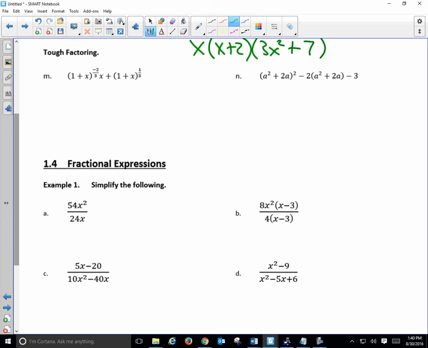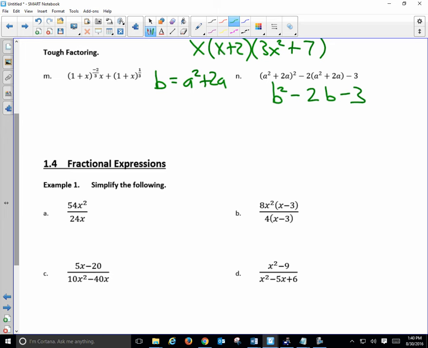All right, let's do it. I'm going to change it to this. B squared minus 2b minus 3. Now, I'm going to suggest to you guys that this is really the same problem as that. All I did is I said that b was the same as a squared plus 2a. So anytime I saw an a squared plus 2a, I put in a b. You okay with that?